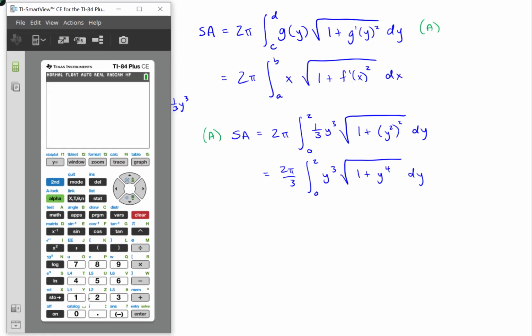So, math 9 going from 0 to 2, and this is y cubed times the square root of 1 plus y to the 4th dy.